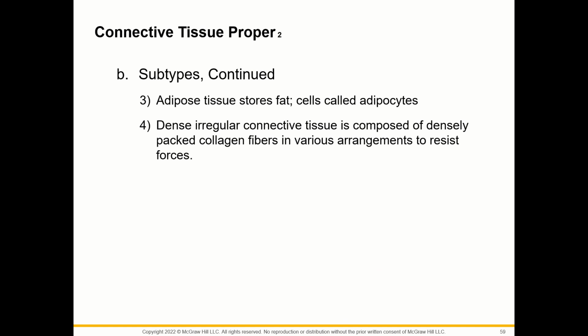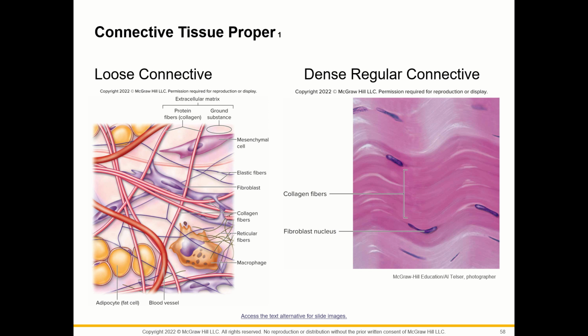So here we see the dense irregular connective tissue listed in terminology here in the literature, and we can see that it's got densely packed collagen fibers in various arrangements to resist forces, and there will be room for blood vessels to move through it. And then in this illustration here, figure 1.17, this is a loose connective tissue called areolar connective tissue, and this is what's found in the upper layer of the dermis.